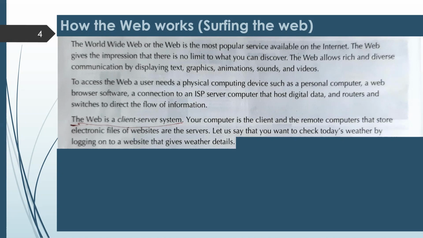Let us see a weather report, for example. How do we get it? On the address bar we can type the weather forecasting web address, and to get the weather report we can log in on a website.